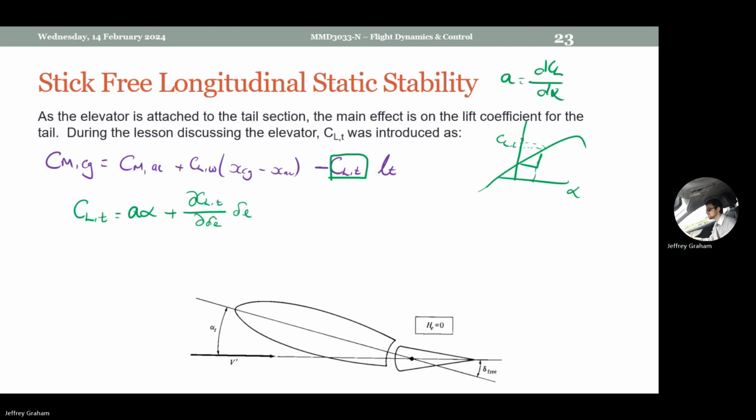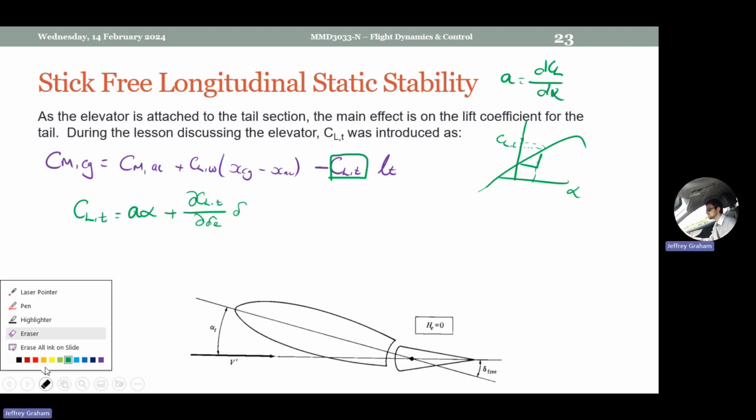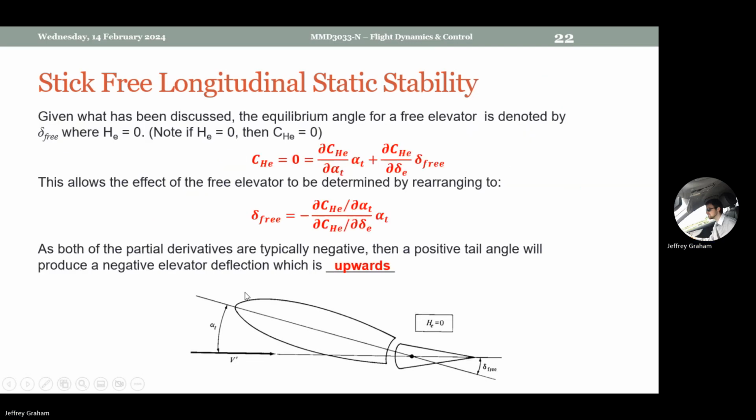And based on the theory we've just been through, it was no longer just the elevator deflection we had. We had a particular point which was labeled as the free elevator deflection. So we can then make a substitution for the free elevator deflection that we had here.